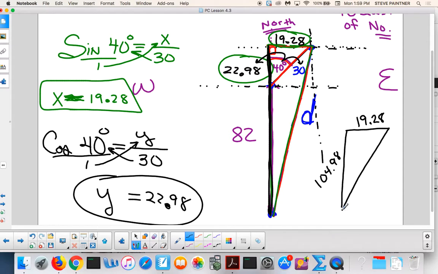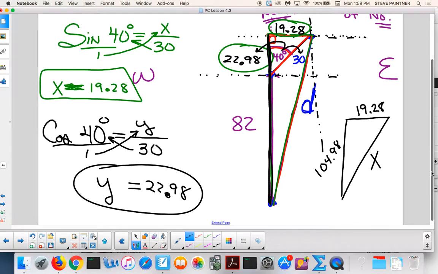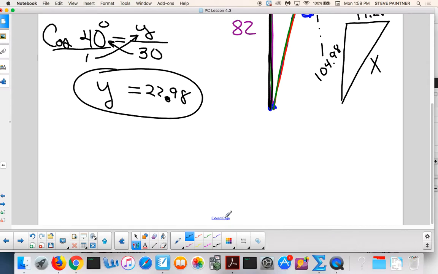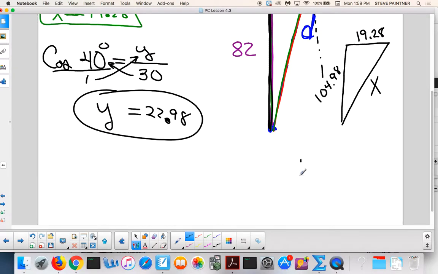How far are you from port? You know what I do now? Pythagorean theorem, because this is so easy now. That'd be 19.28 squared plus 104.98 squared. Square root it all to get C.